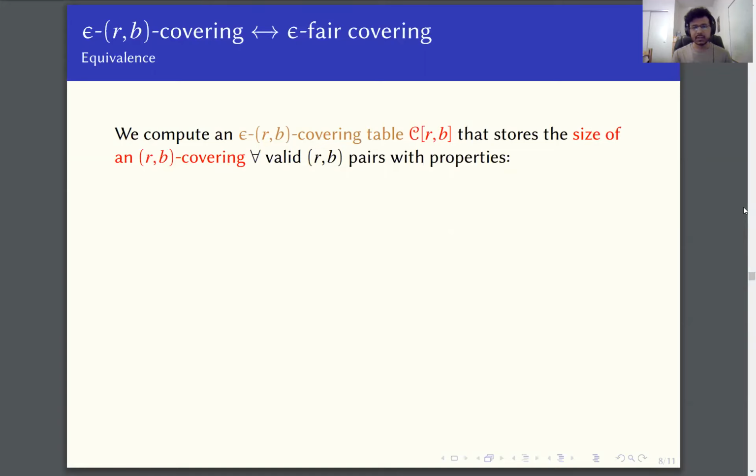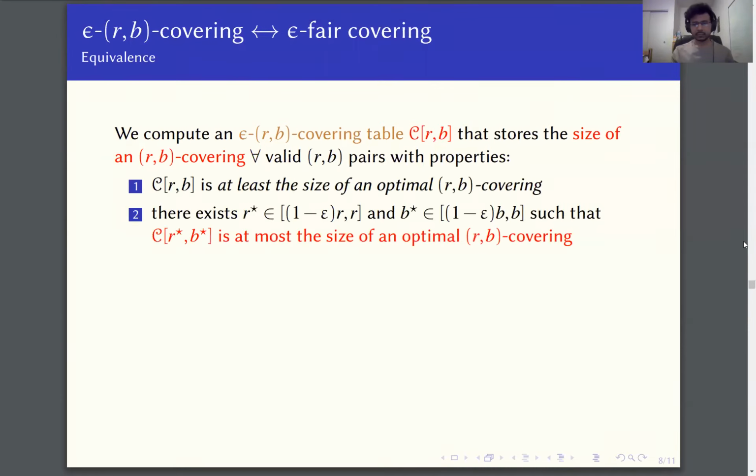Values in the tables satisfy the following two important properties. First, C_RB is at least the size of an optimal RB covering. This trivially follows from the definition of optimal cover. Next, and the important property, is as follows.